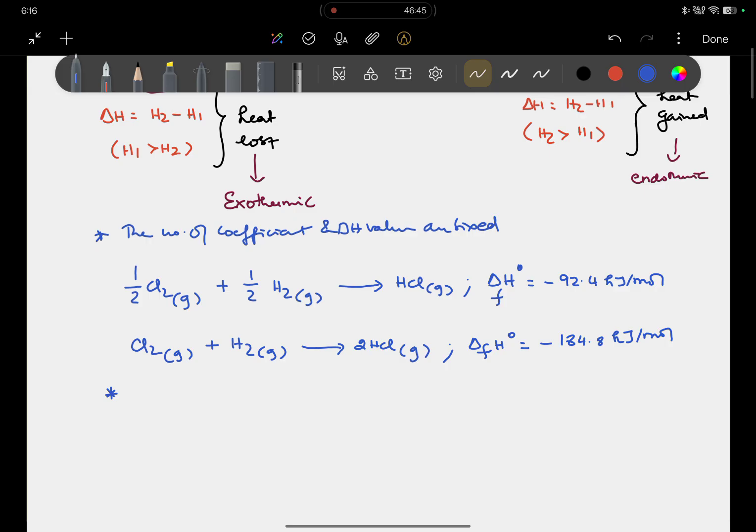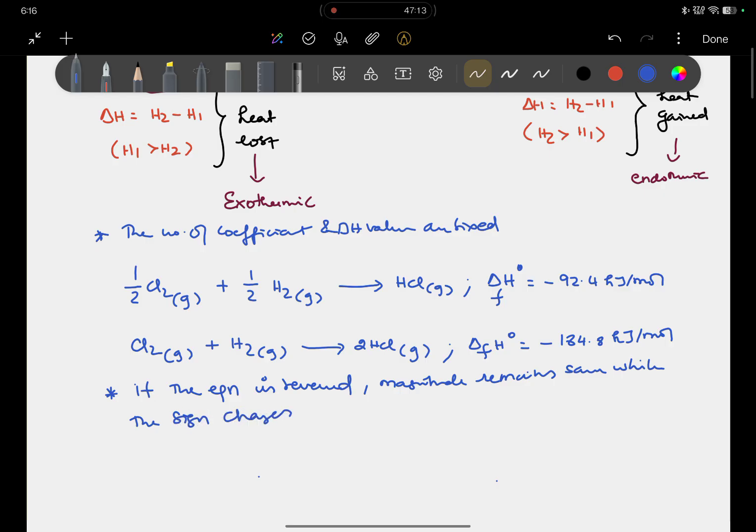Next one, for a reaction, if you have an enthalpy value, if the equation is reversed, the magnitude remains the same while the sign convention changes.